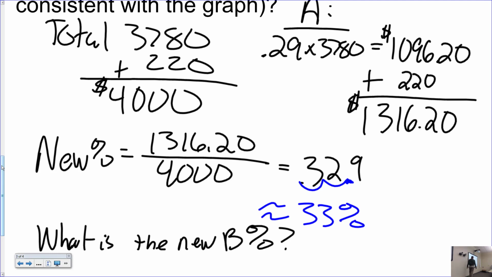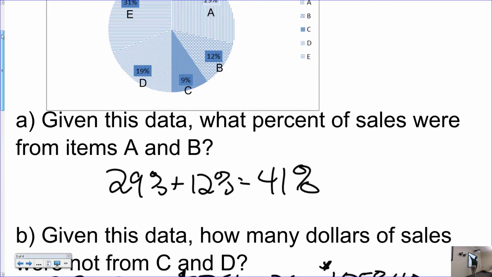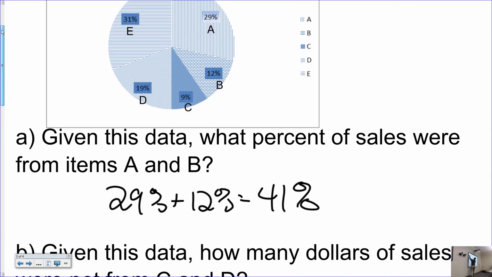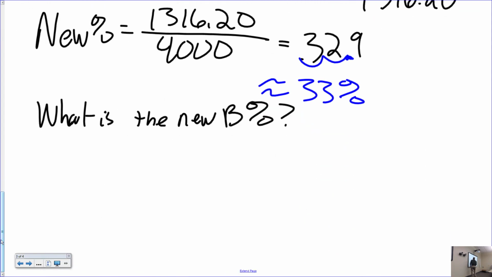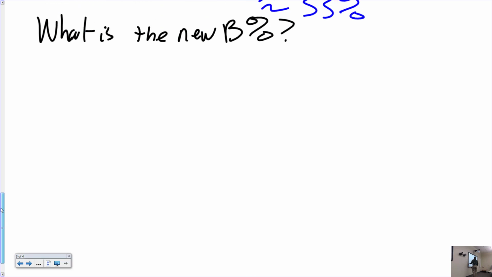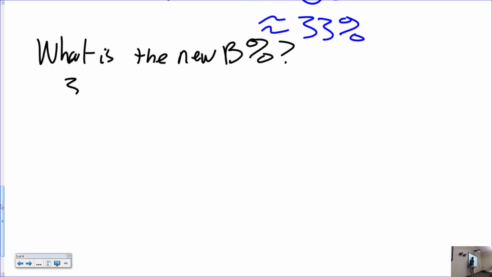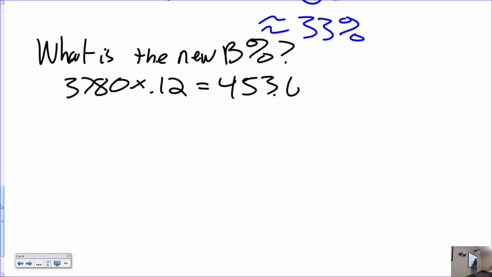How are we going to figure it out? Figure out how much. What was B before? 12%. Oh, I was looking at E. So would you take 12% of the old? Yeah, use 12% of the old number, right? What was 12% of our old sales total? 453.60.